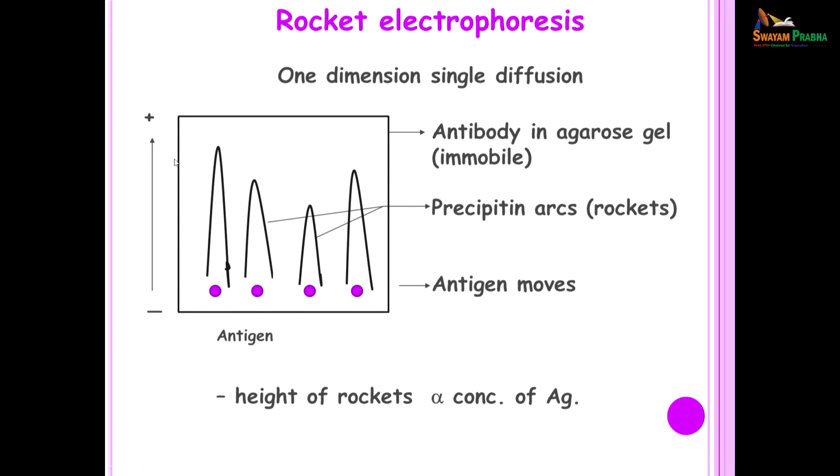Again you pass a current, and the height of the rocket is proportionate to the concentration of the antigen. So, you can draw a graph using these 3 heights, and from the graph you can read off the concentration of your unknown sample. This again takes about half an hour to 1 hour.